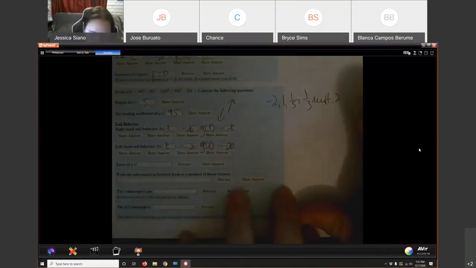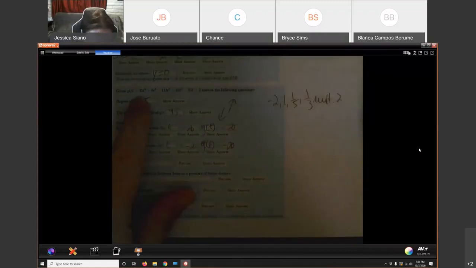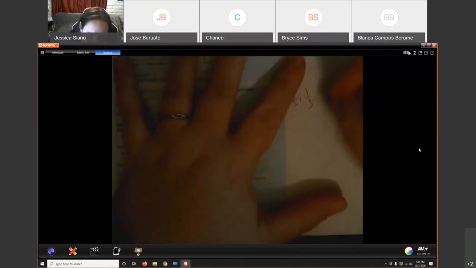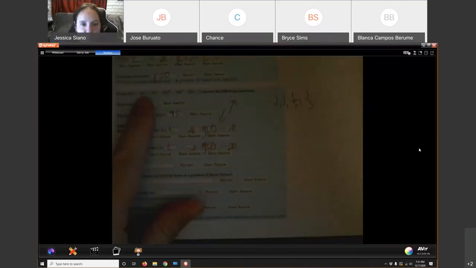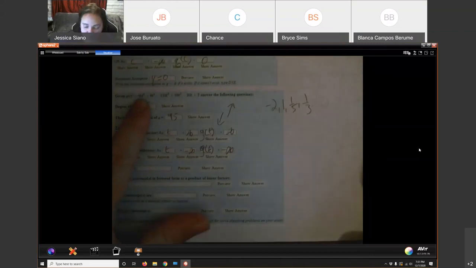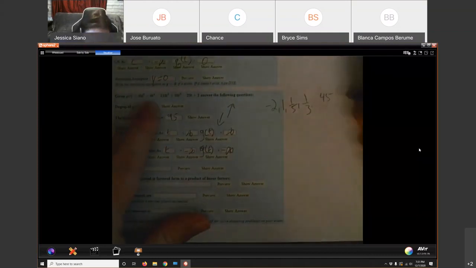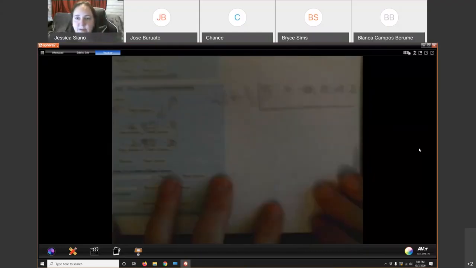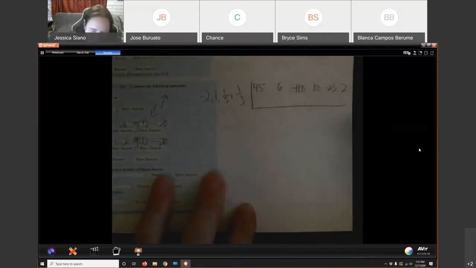All right, let's see what would have happened. So here, let's just say we didn't realize that was multiplicity 2. I'm going to get rid of that. Pretend I didn't know that. I would have just started dividing these out. 45, 6, negative 118, 88, negative 23, 2. So let's take out the negative 2.